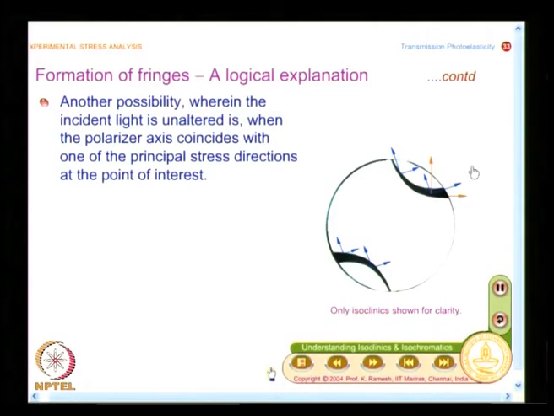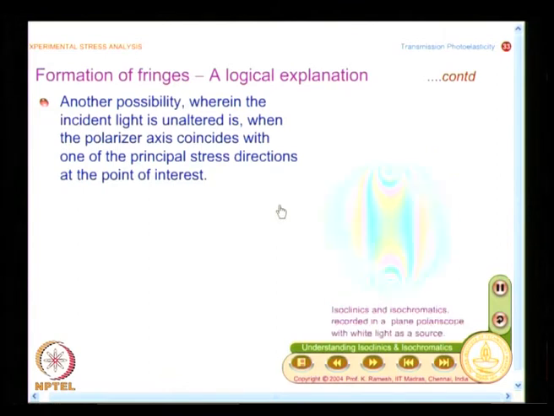For clarity of understanding, isoclinics are shown here, but there is no optical arrangement available to get you this. What you could possibly do is take a photoelastic material which has a very high value of f sigma. So, for the given load applied, you may not have significant formation of isochromatics. That is the only way you can see only isoclinics with some level of clarity.